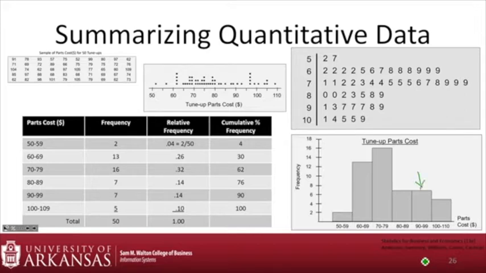If I look at this bar, can I tell, do more of my tune-ups cost $90, like the low 90s or the high 90s? Can I tell? No. But if I look here, high 90s. So the stem and leaf plot does give us a little bit more information.